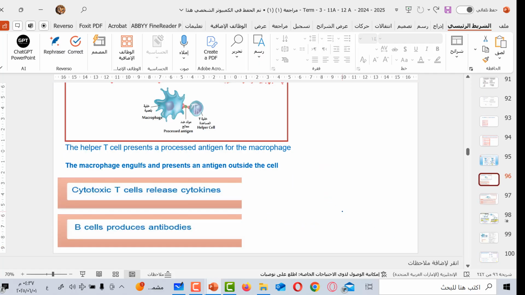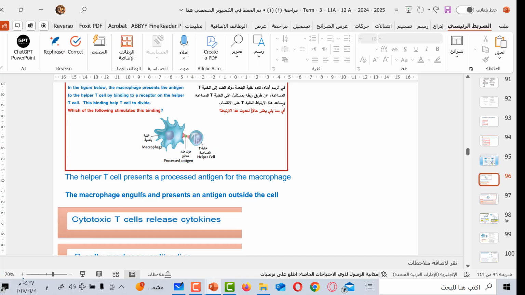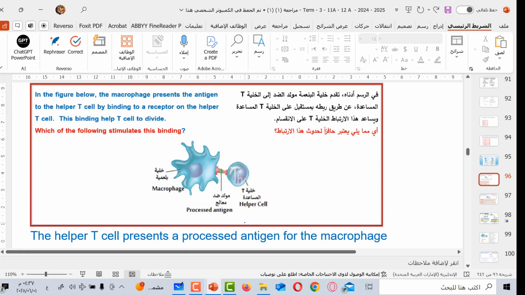Let's go see a quick question about this figure. Which of the following stimulates the binding? Let's read the first question from the start: in the figure below, the macrophage presents the antigen to the helper T cell by binding to the receptors on the helper T cell.